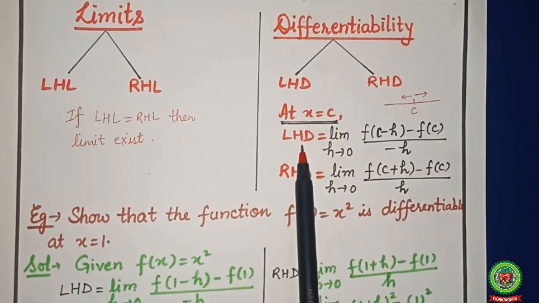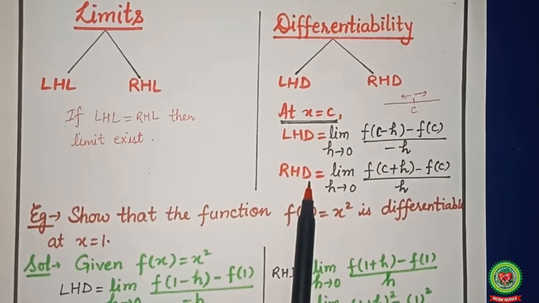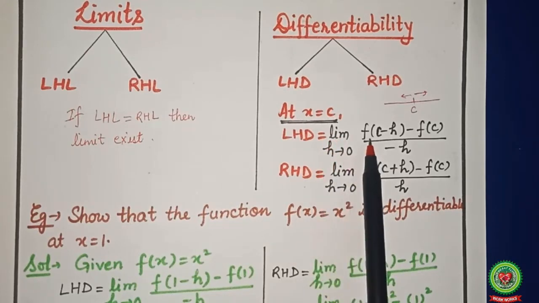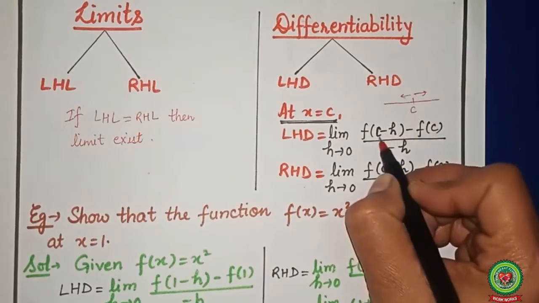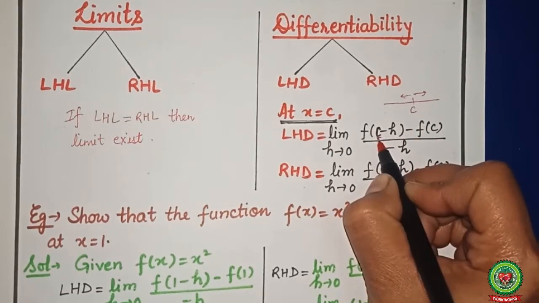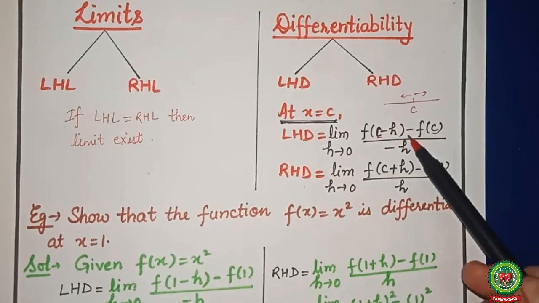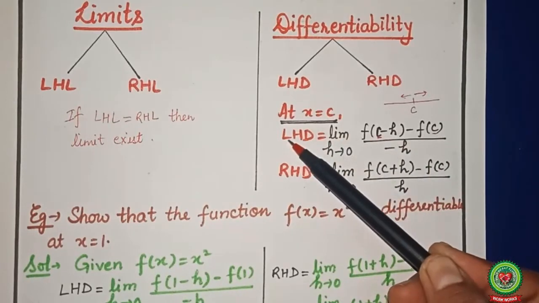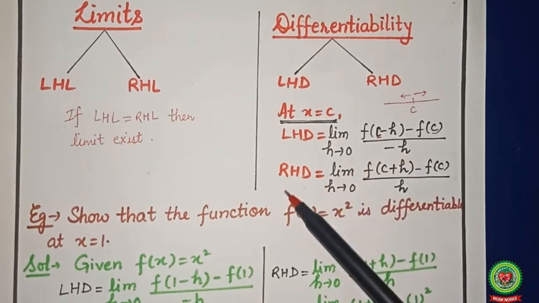So first see the formula for finding the left hand derivative and right hand derivative. Left hand derivative is limit h approaches to 0, f of c minus h minus f of c upon minus h. C is the point at which we have to check the differentiability. In the left hand derivative, we put the value minus h.